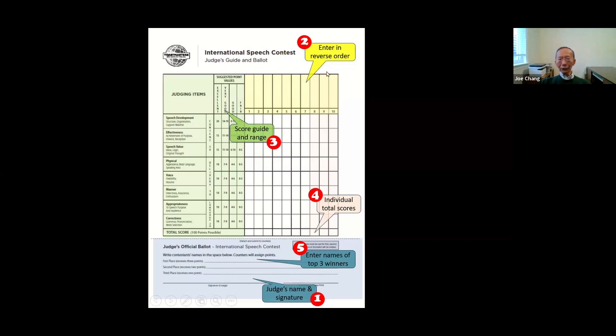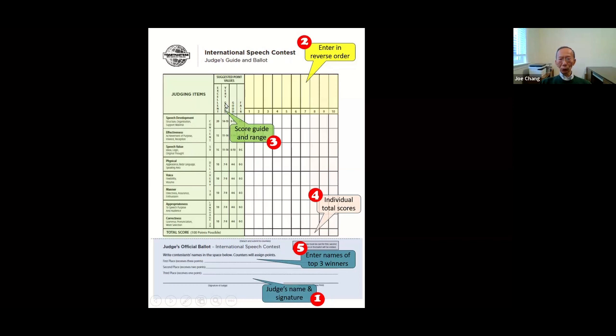Now, after you fill in this part, you can also focus on the blue part or the gray part in here. This part is very, very informational because it gives you a range of the score.